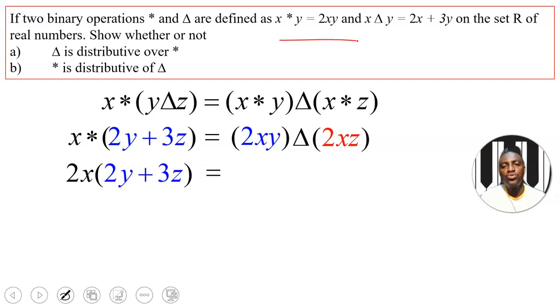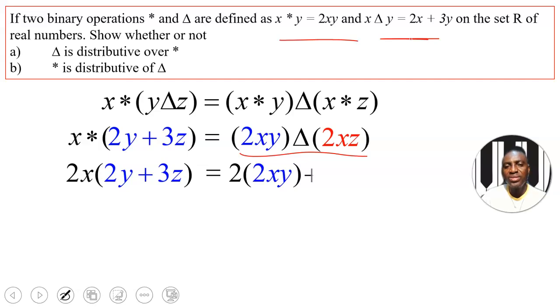Now when I come to the right hand side and I'm dealing with this part of the equation, according to the definition of the triangle, it should be 2 times the first plus 3 times the second.